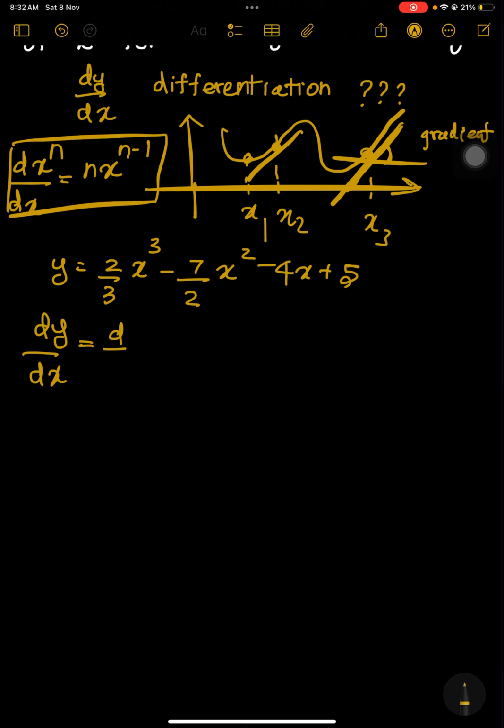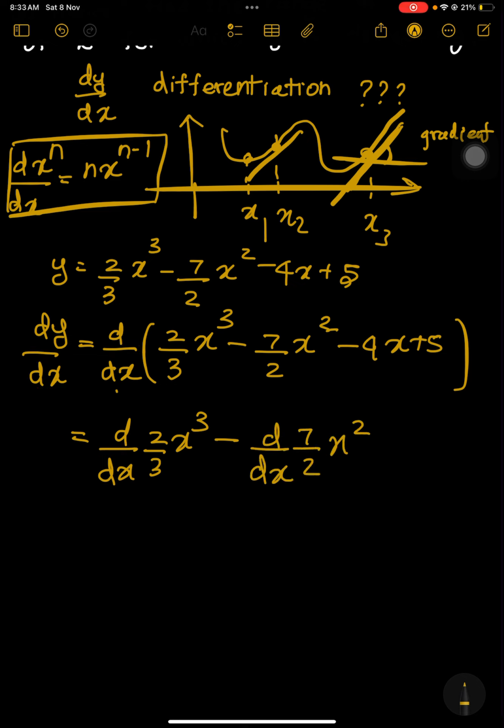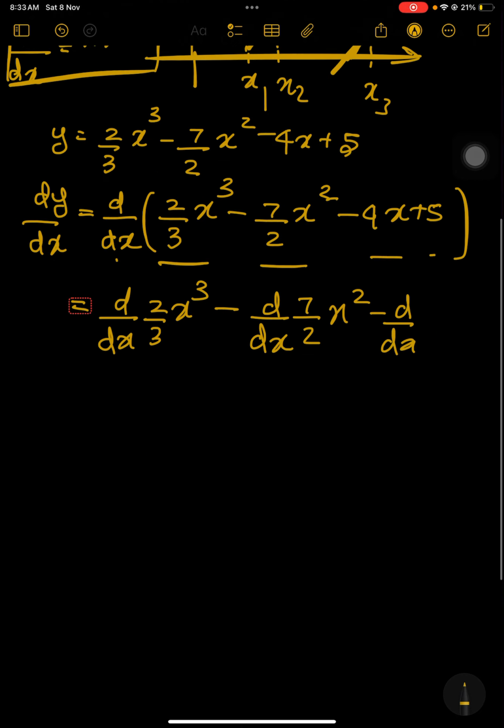So with d over dx, the constant always goes in front of the differentiation. So d over dx of 2 over 3 x cubed, minus d over dx of 7 over 2 x squared, minus d over dx of 4x, and you can apply it to each and every term in this equation, plus 5 d over dx.